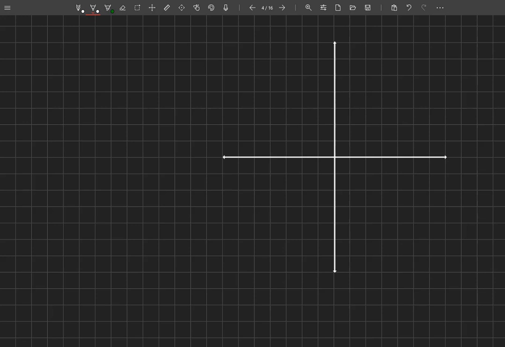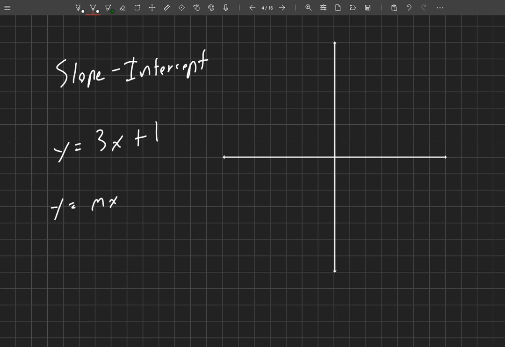In the last video, we talked about slope intercept form. That was a form of linear function, so a line, in which you had the slope visible and the y-intercept visible. We could also call this mx plus b form, as it's often shown.